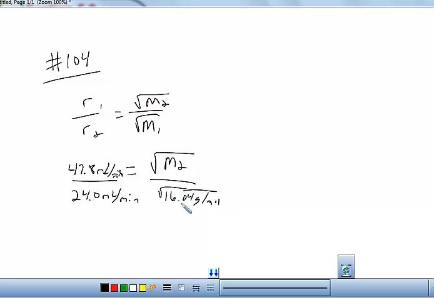All right. If I solve for M2, so how am I doing that? I'm going to take the square root of 16.04, which is essentially 4, times 47.8, divided by 24.0.